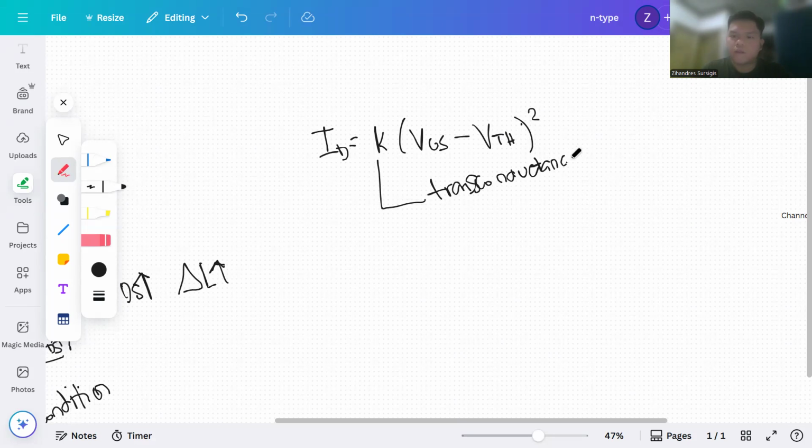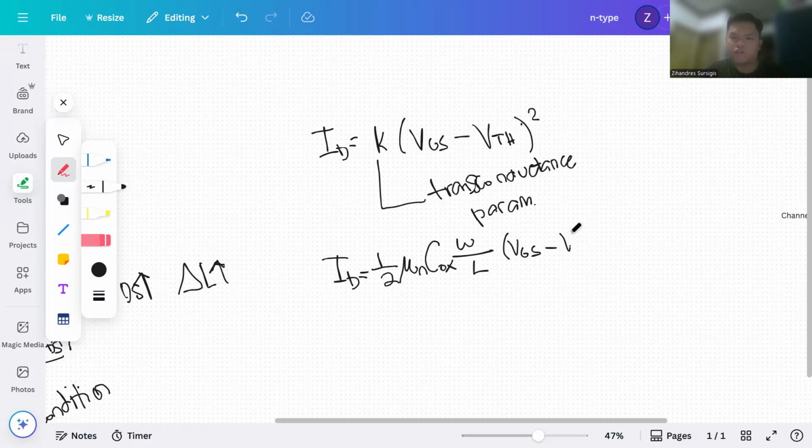Transconductance parameter. And we can further define K as follows. ID is just equal to 1/2 mu n COX W over L times VGS minus VTH squared.